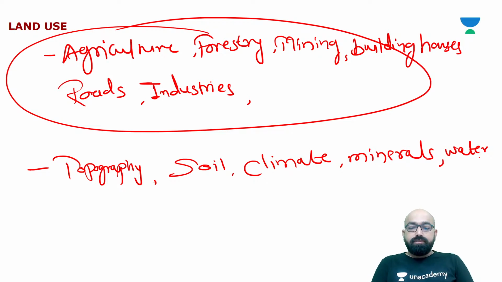So human factors such as population and technology are also important determinants of land use pattern.